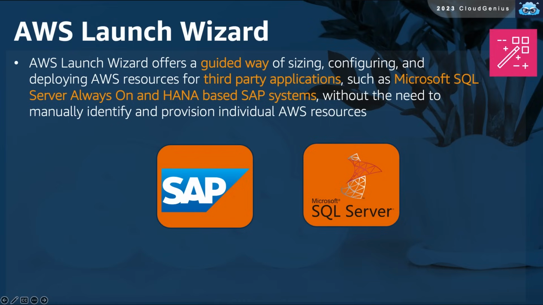With AWS Launch Wizard, you can deploy popular business applications, such as Microsoft SQL Server, SAP, and Oracle databases, with just a few clicks. The service provides pre-configured deployment templates that follow AWS best practices and recommendations. These templates include predefined settings for instance types, storage, and networking, ensuring a well-architected and scalable infrastructure.